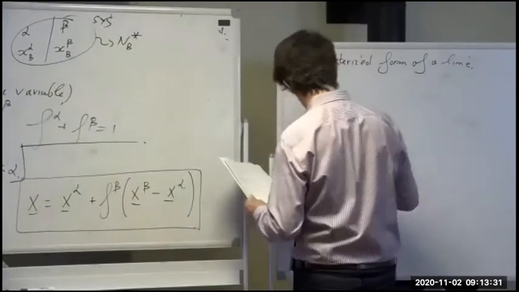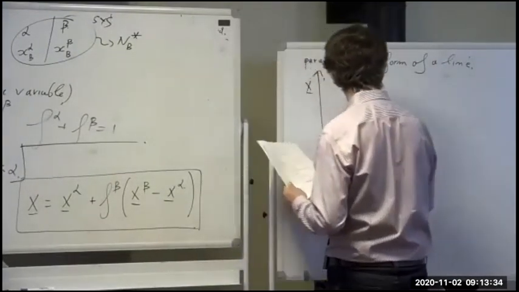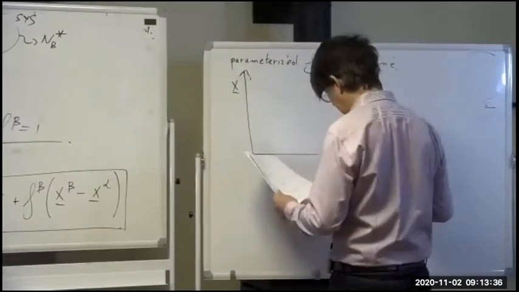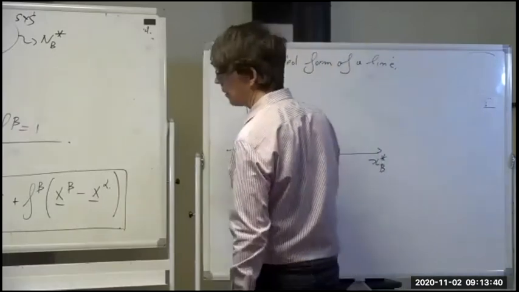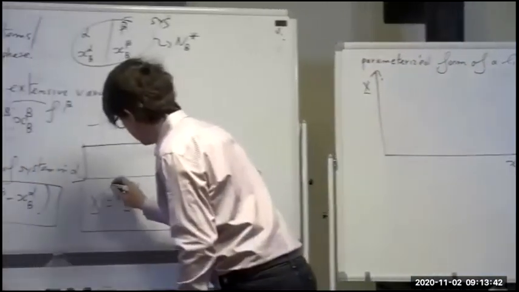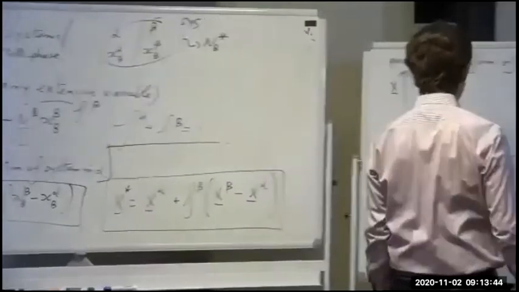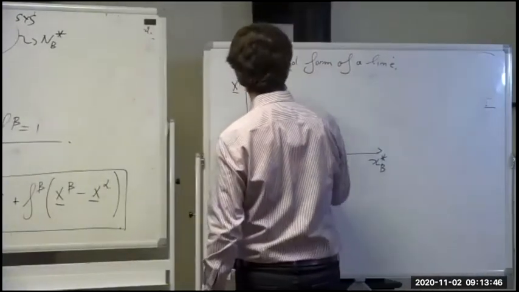So X as a function of XB star, and really I should have called this X star, has to be a line.